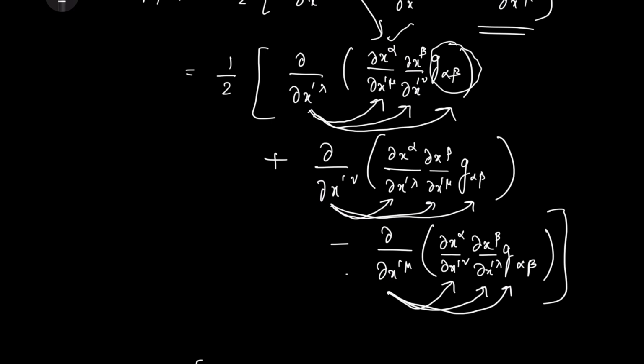So these two quantities will remain as it is. Anyway, I have to take the derivative of all the three quantities. So first I focus on the fundamental metric tensor in all the three terms.